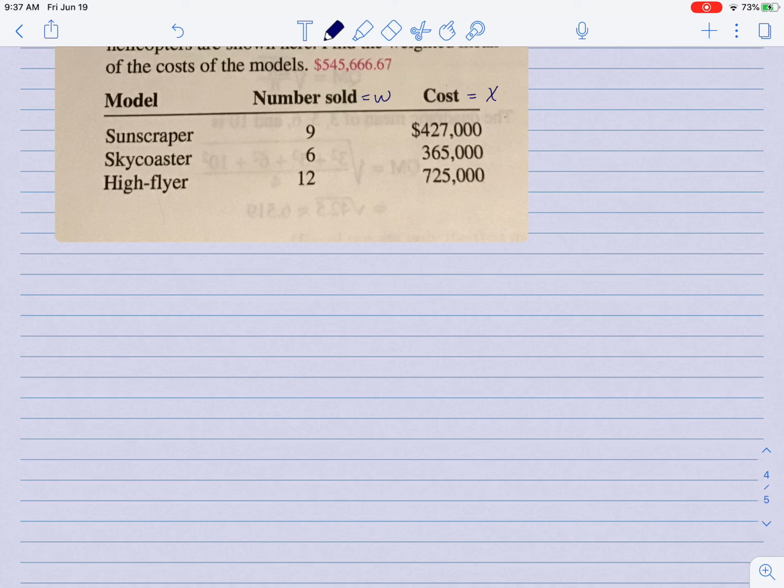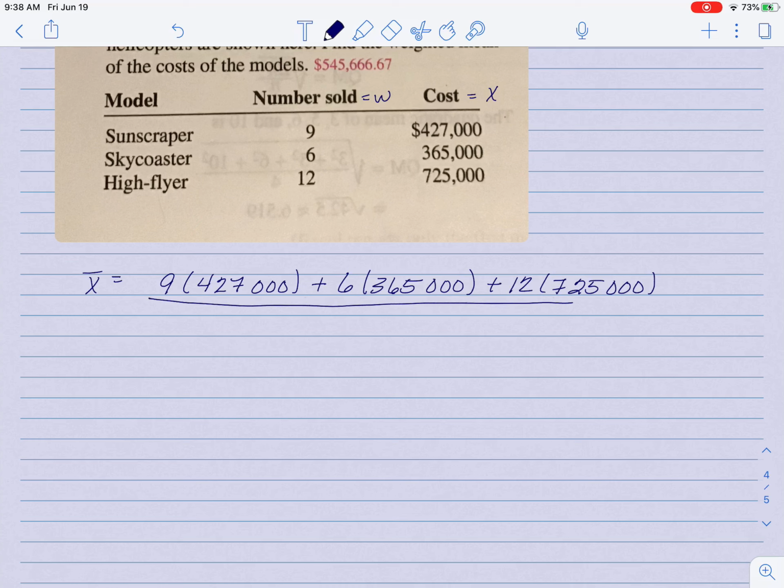So here we go. The weighted mean should be 9 times 427,123, plus the weight 6 times 365,123, plus 12 times 725,123, all divided by 9 plus 6 plus 12. Now we've got to figure this out.